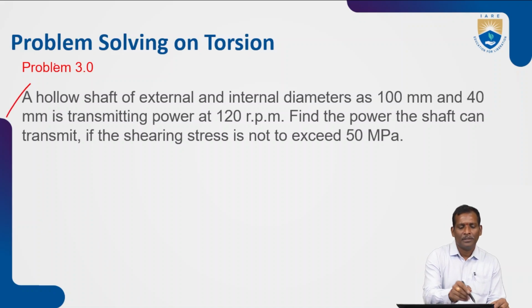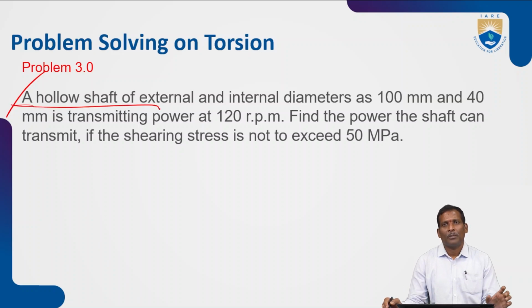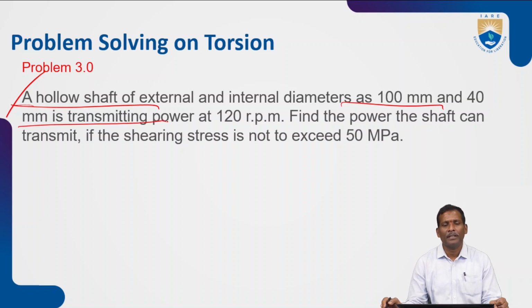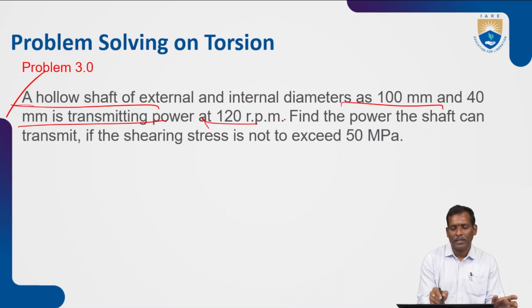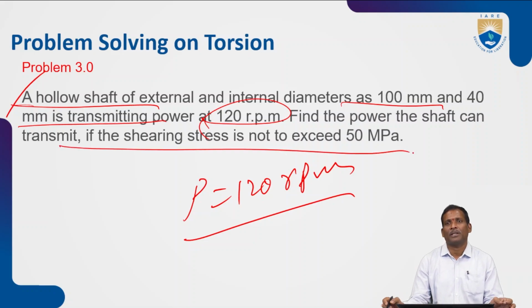A hollow shaft, here also the given type of shaft is a hollow shaft, with external and internal diameters of 100 and 40, the values are different here, is transmitting power at 120 rpm. Here power is asked at 120 rpm; in the previous case torque was given. Find the power the shaft can transmit if the shearing stress is not to exceed 50 megapascal.